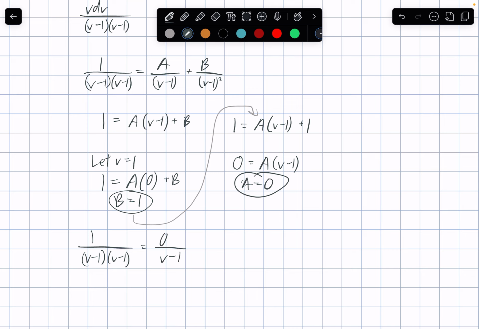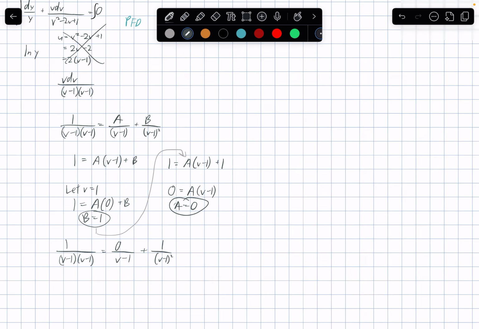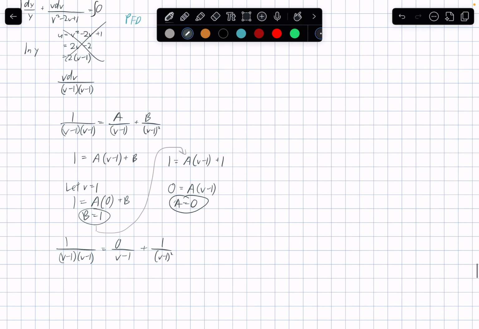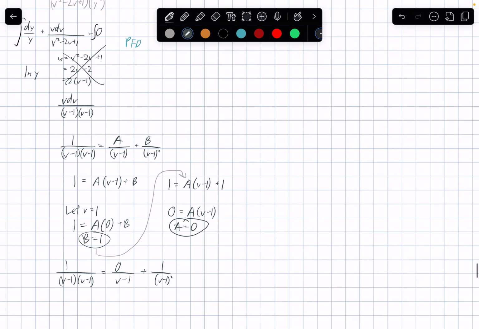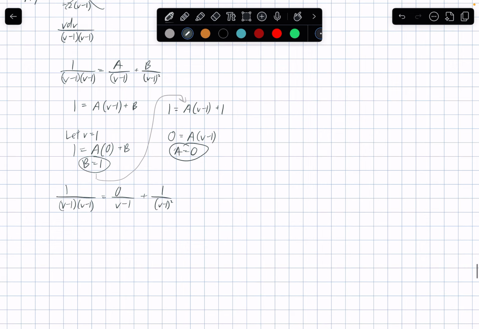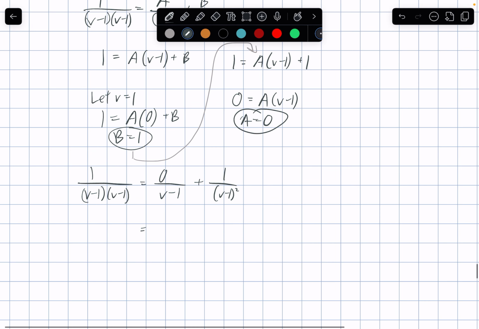A is 0, no? And B is, well, 1. Again, we are trying to derive this, no?